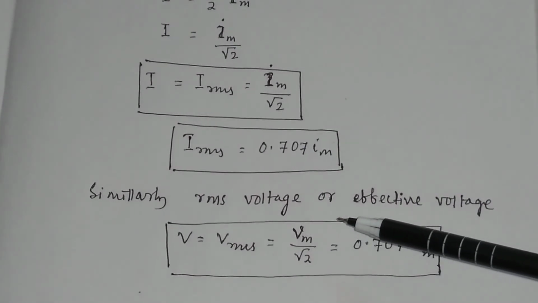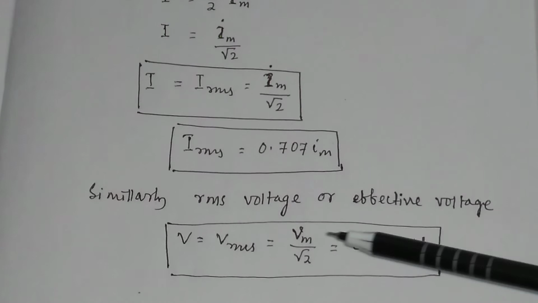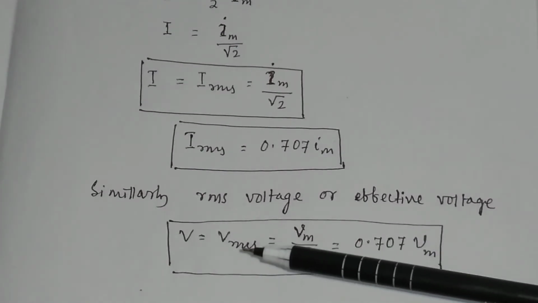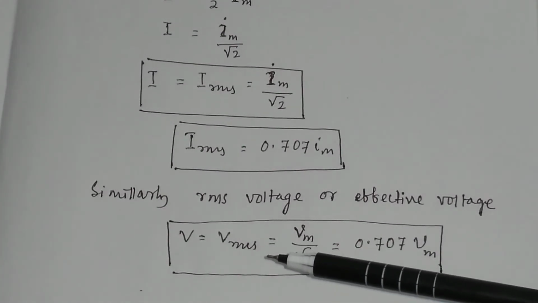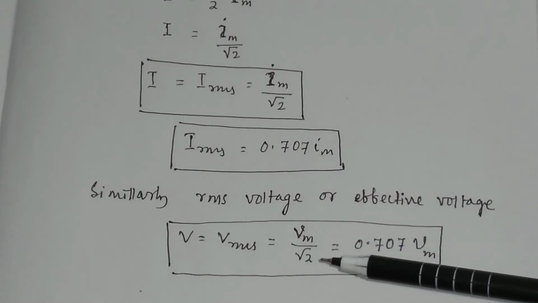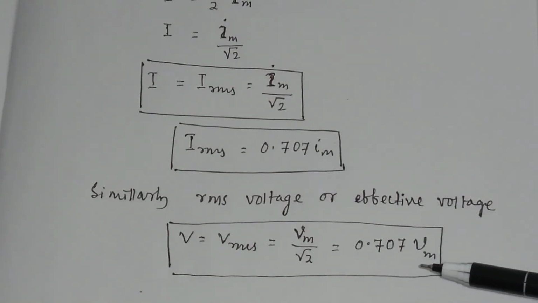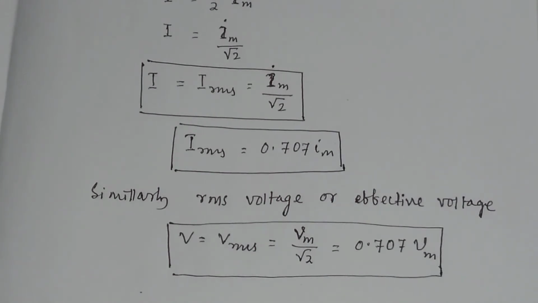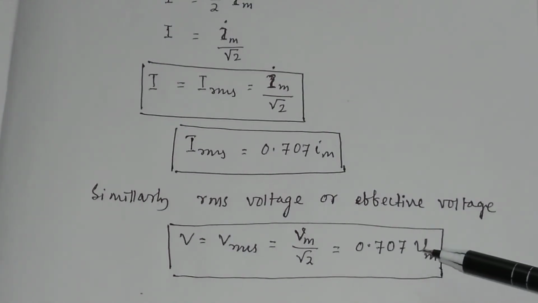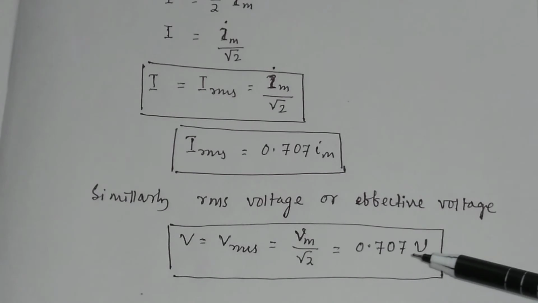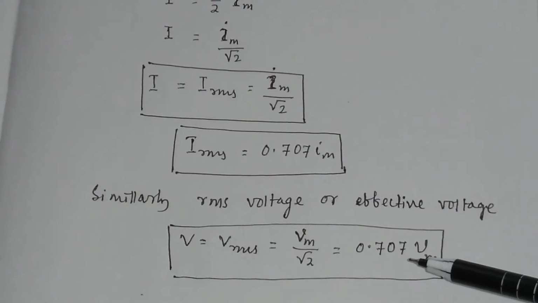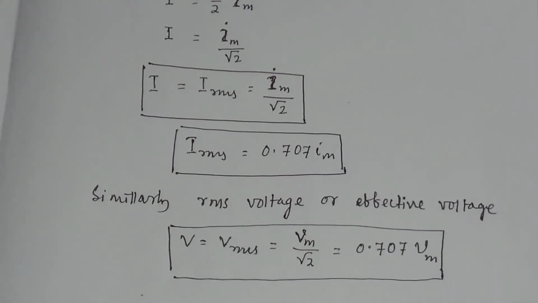Similarly, the RMS voltage or effective voltage, V or VDC or VRMS, is equal to Vm divided by root 2, which is equal to 0.707 times Vm, the peak value of voltage.